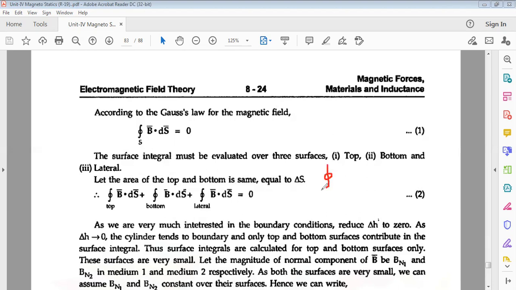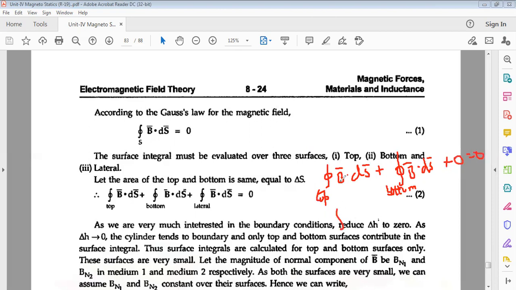So in the three integrals, we have only the top, the integral B bar dot ds bar, plus the bottom, B bar dot ds bar, plus the lateral 0, is equal to 0.